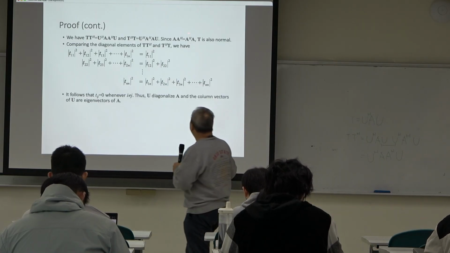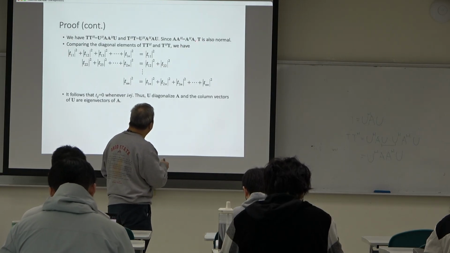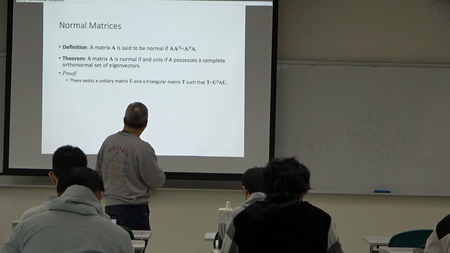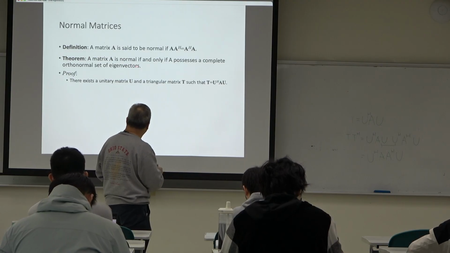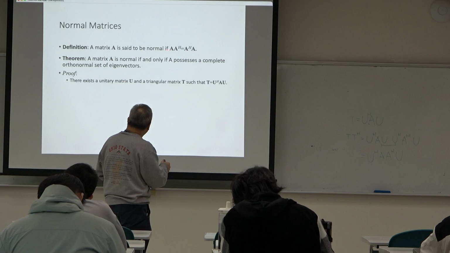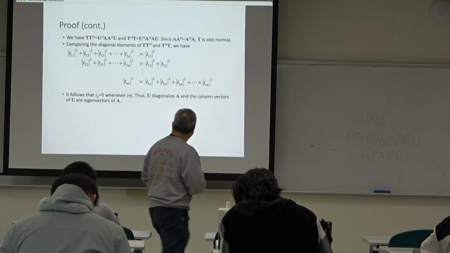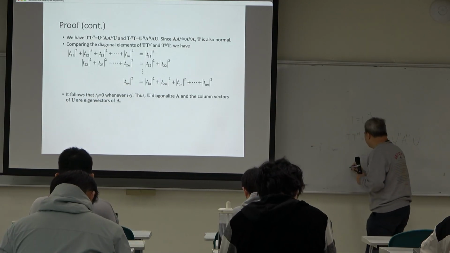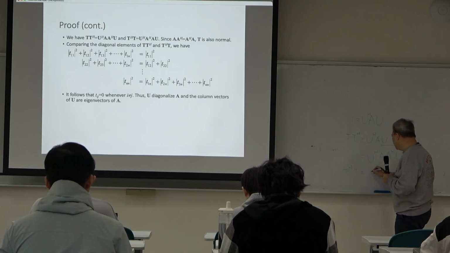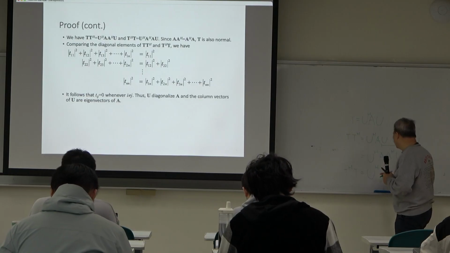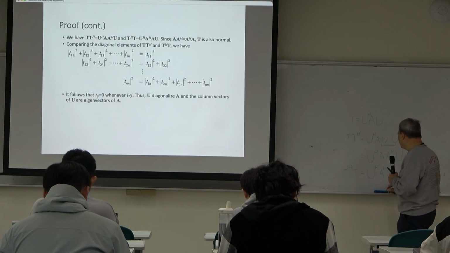And remember, AA^H equals A^HA. This is what we are given: A is normal, and we want to show A possesses a complete orthonormal set of eigenvectors. So A is normal, so we know AA^H equals A^HA. In other words, T^HT, for a similar reason, is going to be U^HA^HAU.